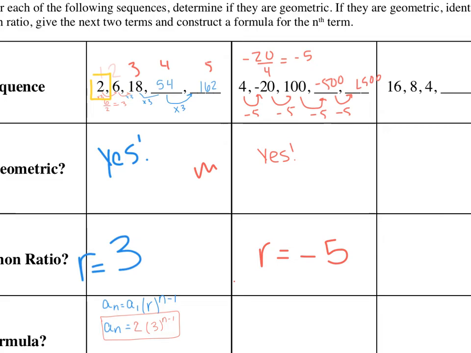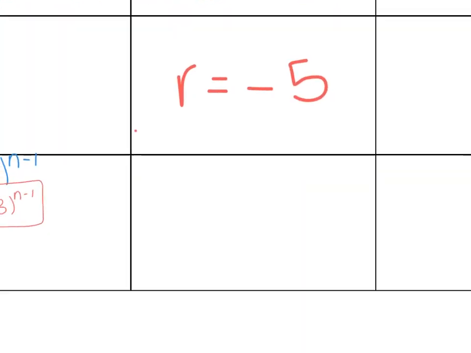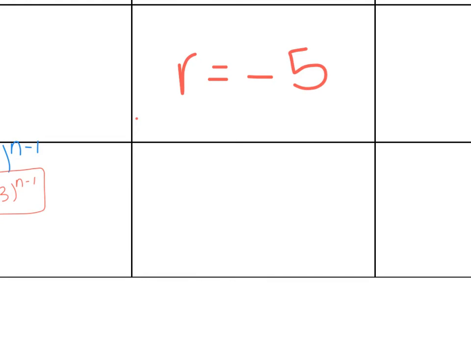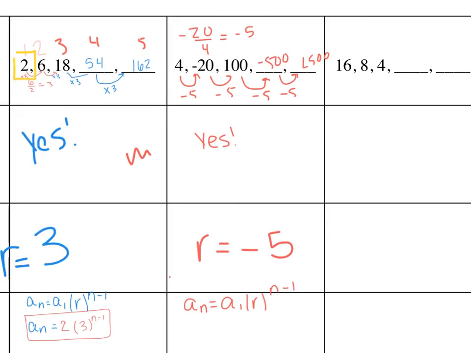Okay. I now write my equation, and I start from the beginning. a sub n equals a sub 1 times r to the n minus 1. I look at my sequence again, so I'm going to zoom back up. My first term is a 4. That is going to be playing a major role in this equation.